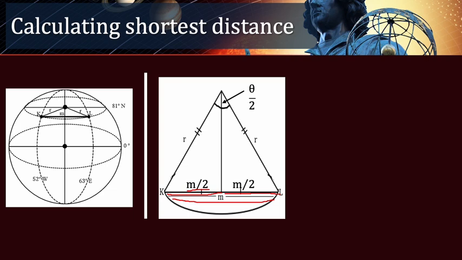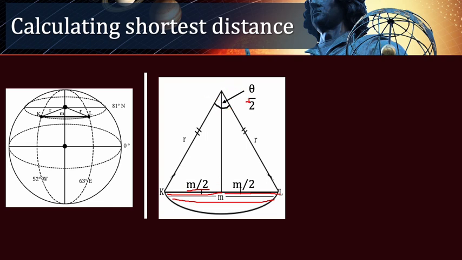Okay? And again, this angle here on top, which is theta, I've divided it into 2 equal parts, which means this part is same as half theta. It's one and the same thing.